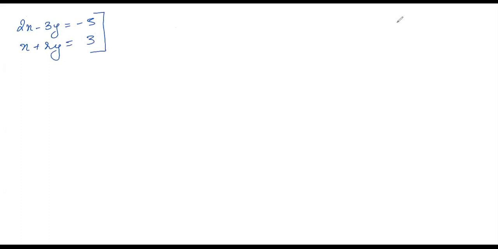Now, one very important thing you have to identify here: an equation can be given either in this form or it can be written in some other form also. Such as, suppose the equations are given to you as 2x minus 3y plus 5 equals 0, and x plus 2y minus 3 equals 0.